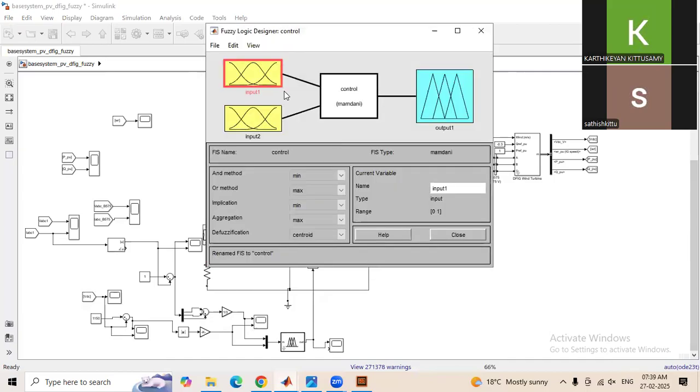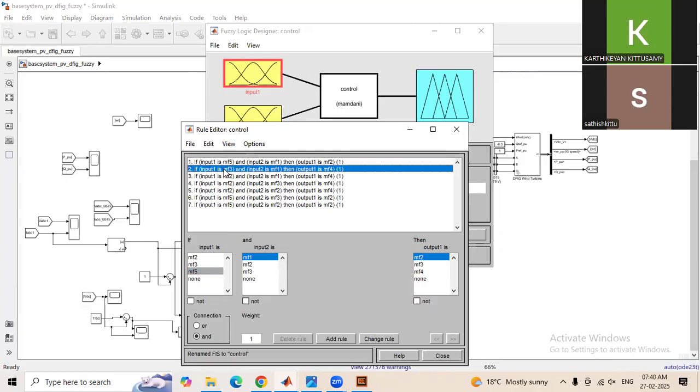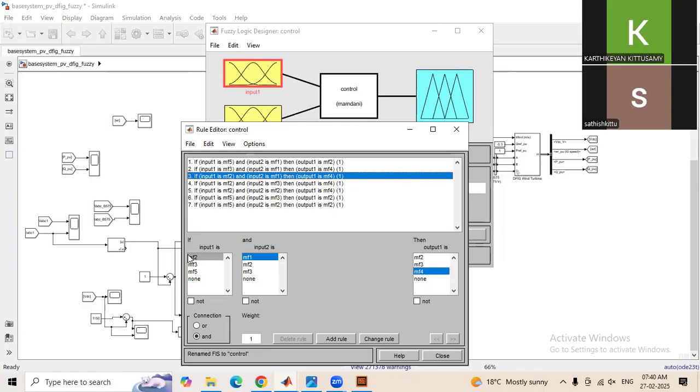And here these are the rules. That is, if input 1 is maximum and input 2 is minimum, the output is minimum. If input 1 is medium and input 2 is minimum, output should be maximum. Same here, both are minimum, output should be maximum.